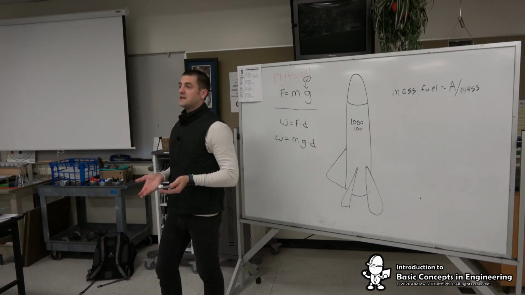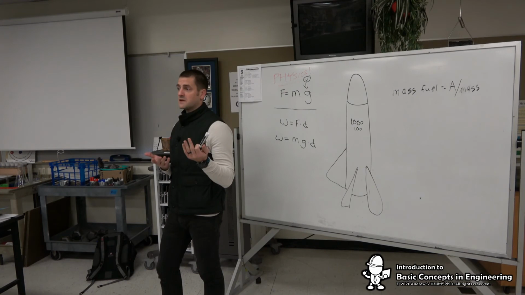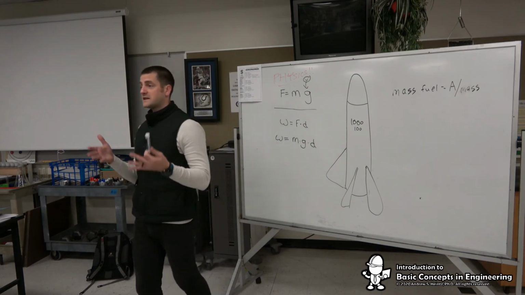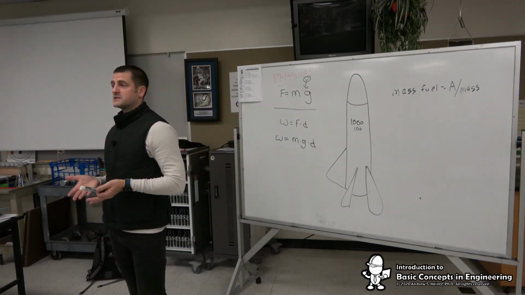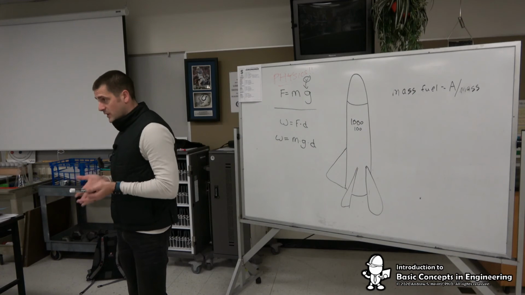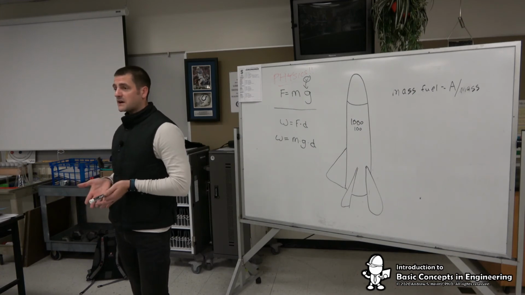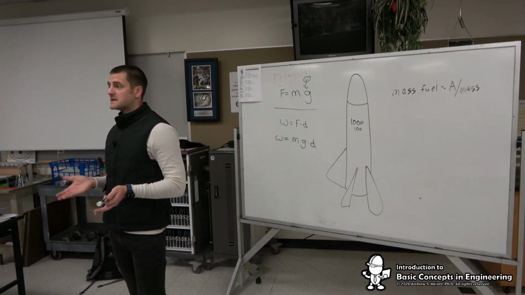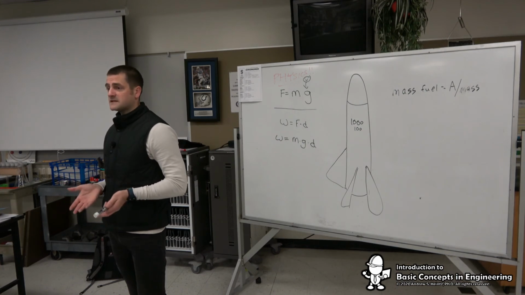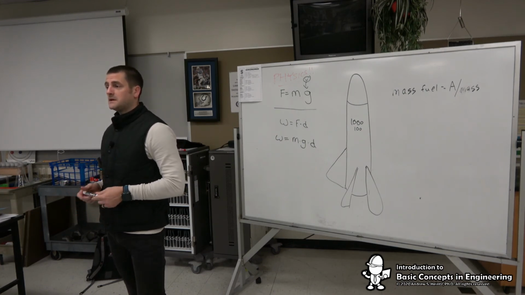So not only do we end up with fuel in space that we paid for that we didn't use, but we burned extra fuel getting that fuel up into space, right? So we as engineers need to go through this, and we need to calculate exactly how much we need, because it literally costs NASA or whoever's doing this, SpaceX, Blue Origin, whoever it is, money to make this happen, right?